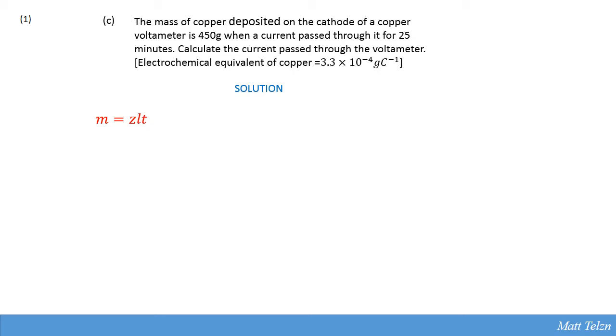Our I there is the current, and our T there is the time. The M there is mass. So what they ask us to calculate is the current that passed through, which is our I. Look at the data given there.